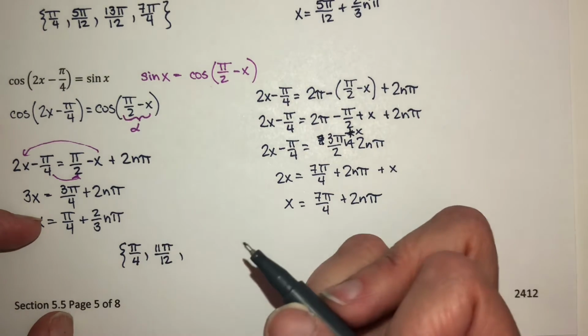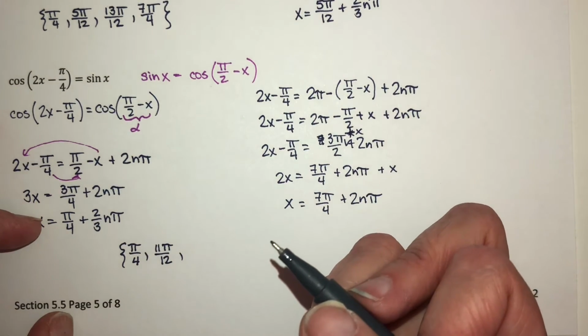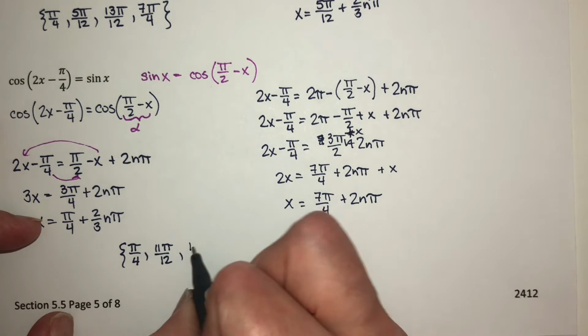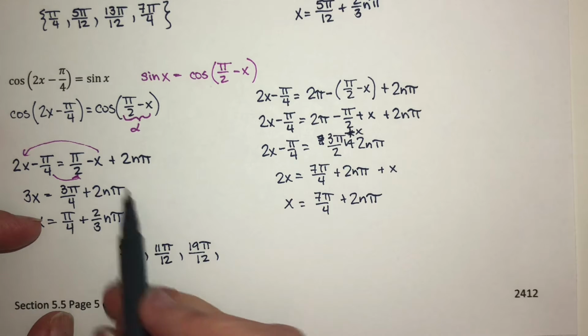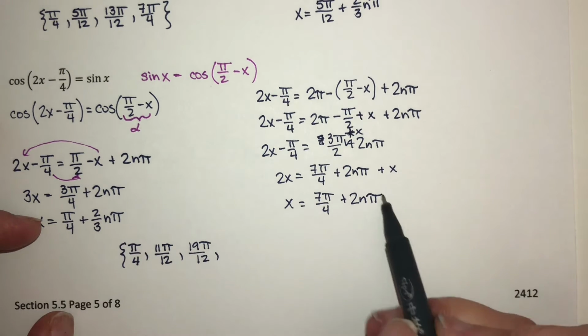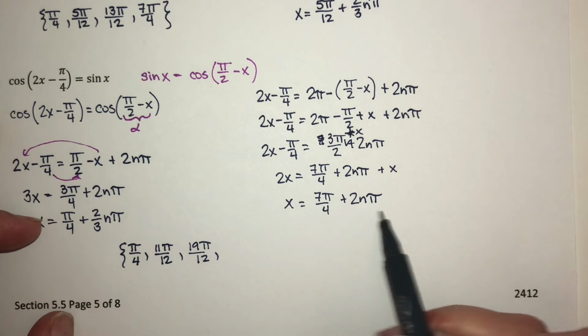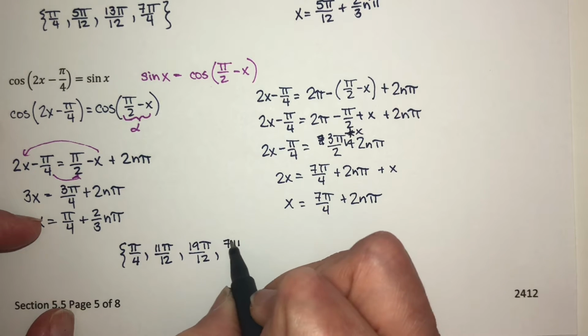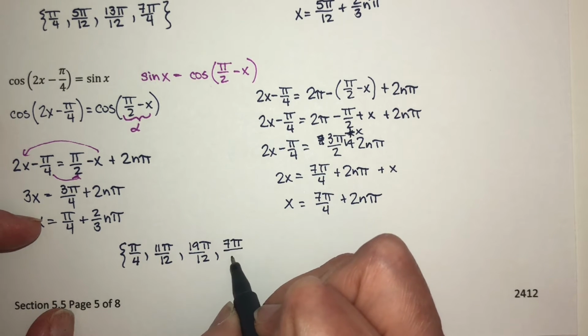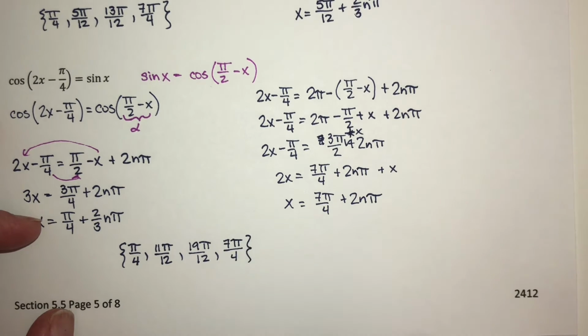And then if we add 2/3 pi again, we get 19 pi over 12. And that's all we get from this one. From here, this is positive, and if we add 2 pi, we're going to be too large. So the only answer we get is when n is 0, so we have 7 pi over 4. Those are our 4 solutions.